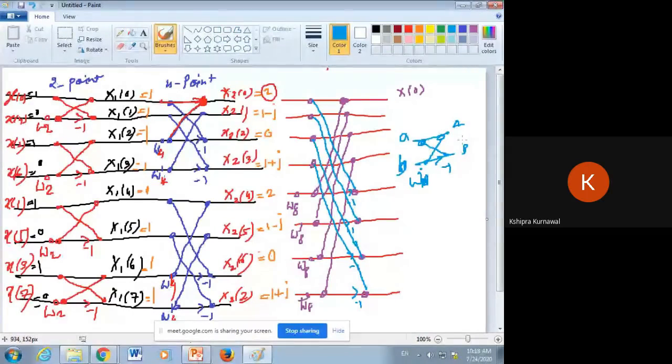No, sir. Now let's calculate the last stage value, like write stage 3 computation. Just calculate its values.